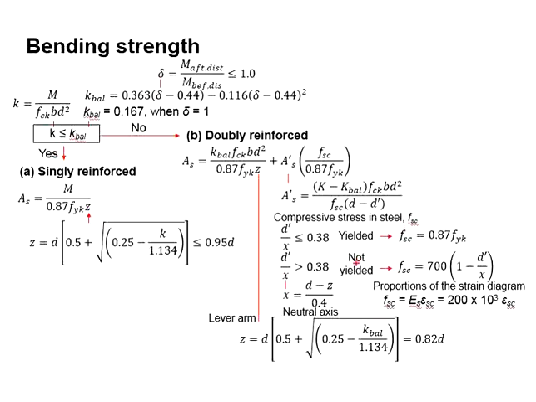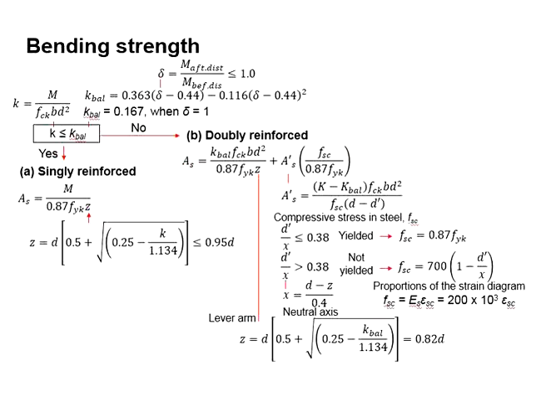In the case that the compression steel bar has not yielded, that means you cannot use the specified yield strength of the compression bar. You will need to do the interpolations based on the strain diagram to determine the actual compressive stress in the compression bar, and then substitute it into the equation here for you to determine the AS.